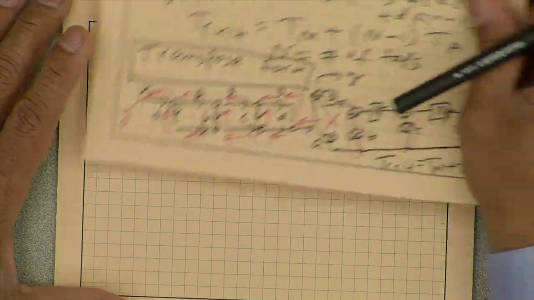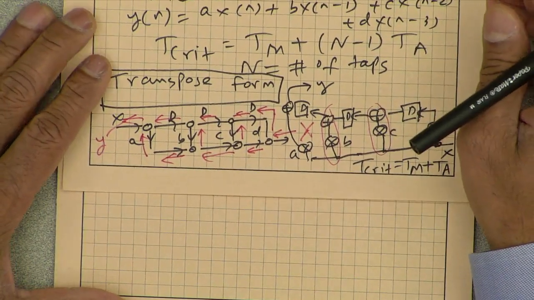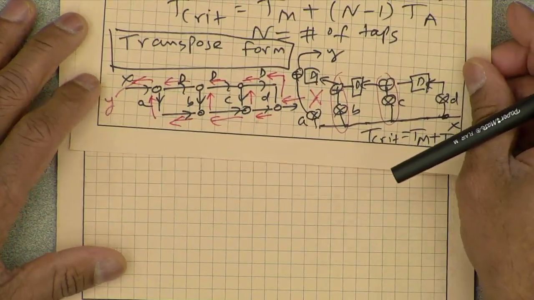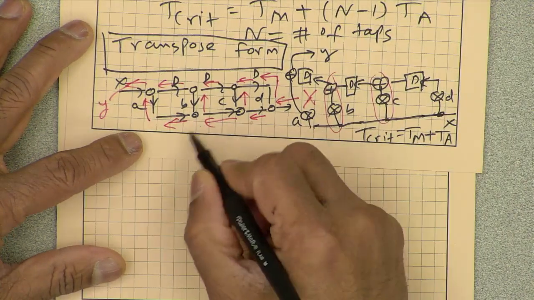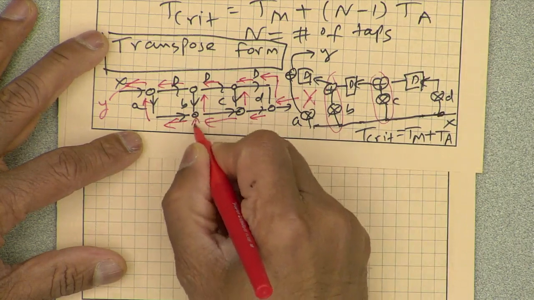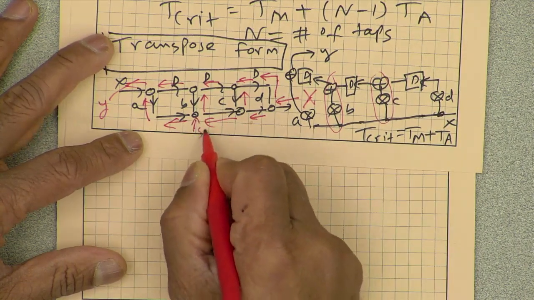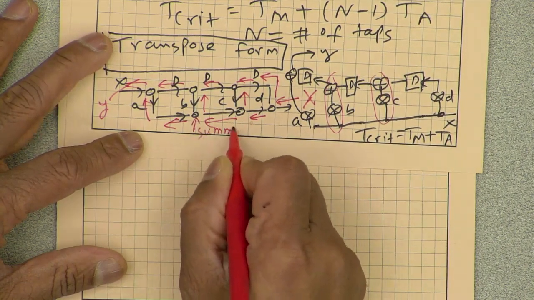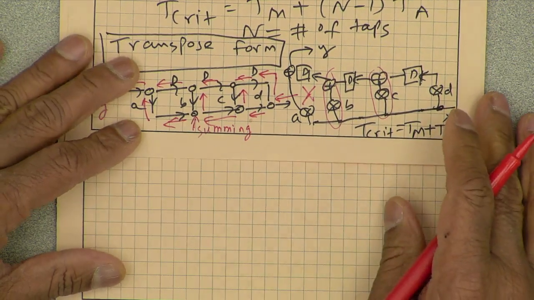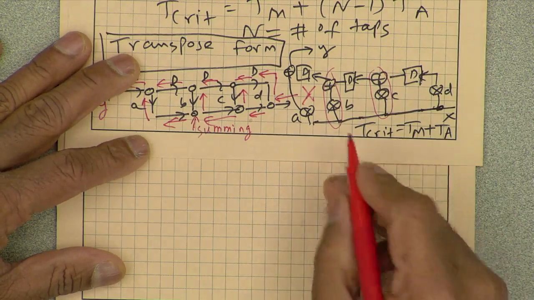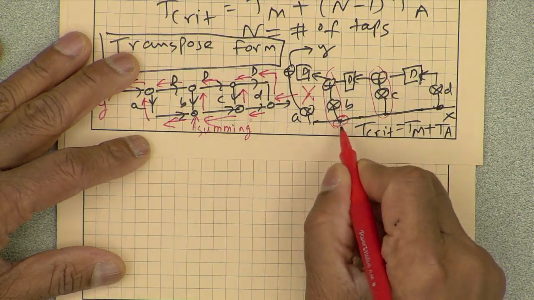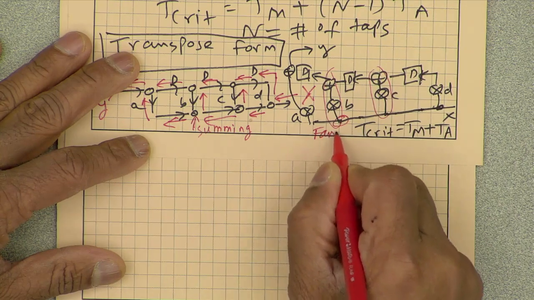Okay, so a couple of things that you can notice when we transpose the structure. This kind of a node in the signal flow graph is called a summing node. The equivalent node here is called a fan out node.